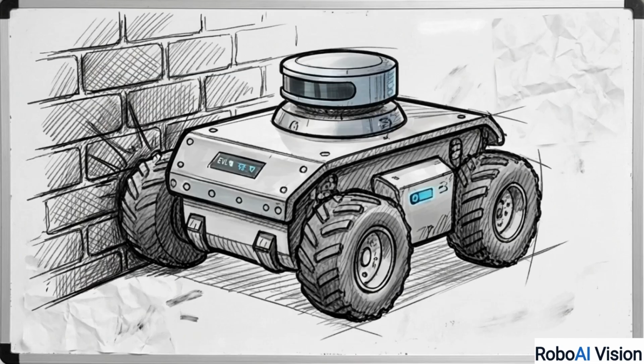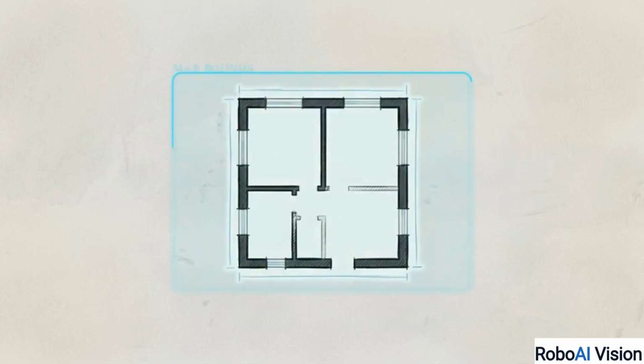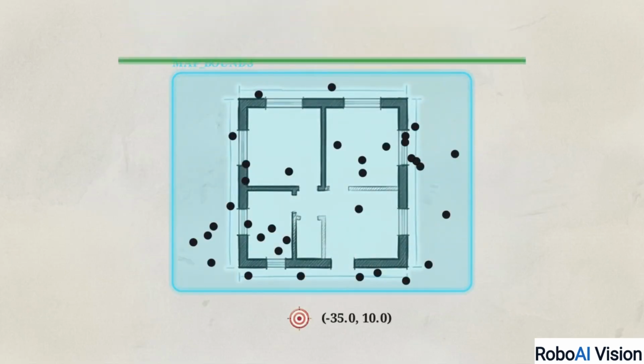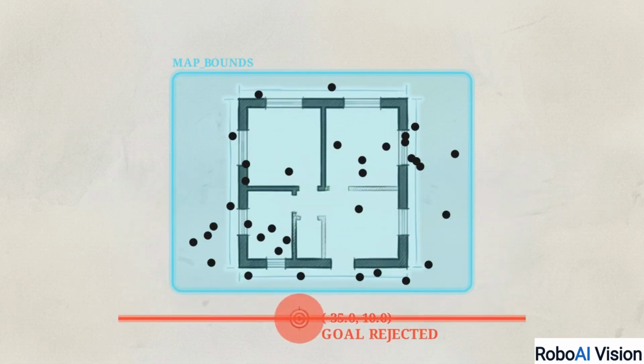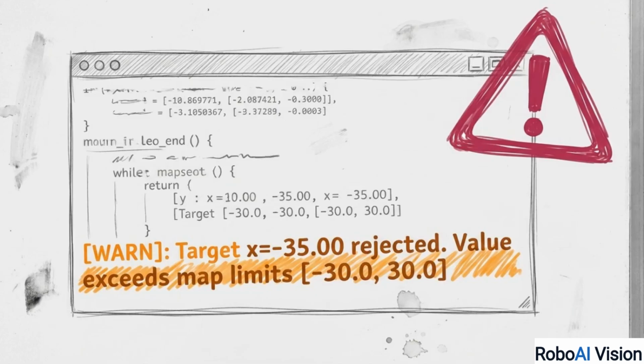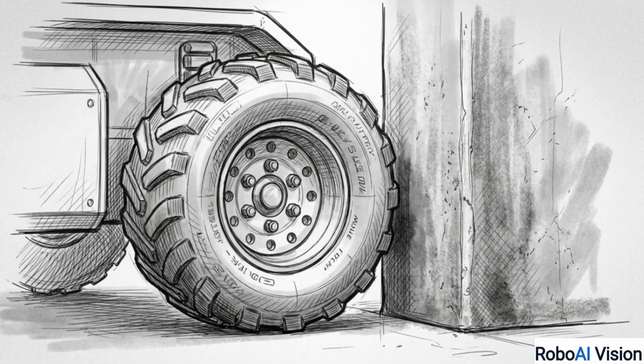To prevent the robot from attempting to navigate through solid walls, the code includes an is-goal-feasible failsafe. It checks every snapped coordinate against a predefined boundary box. If a coordinate falls out of bounds, the goal is instantly rejected and the system prints an infeasible goal warning to the terminal.